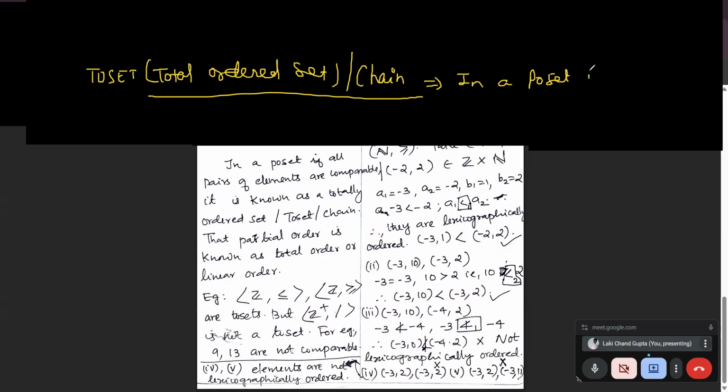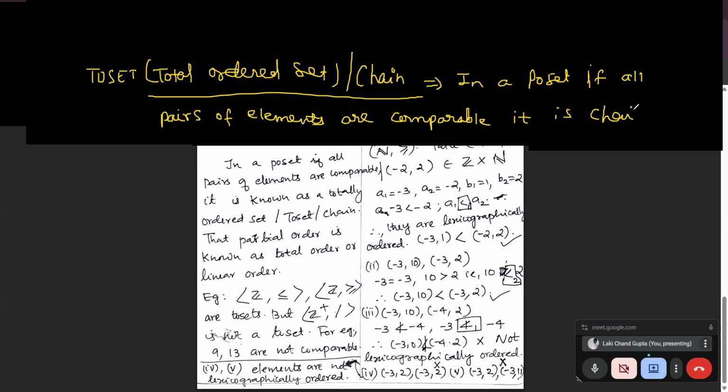In a poset, if all pairs of elements are comparable, it becomes a chain. Or you can say total order set. Understood?